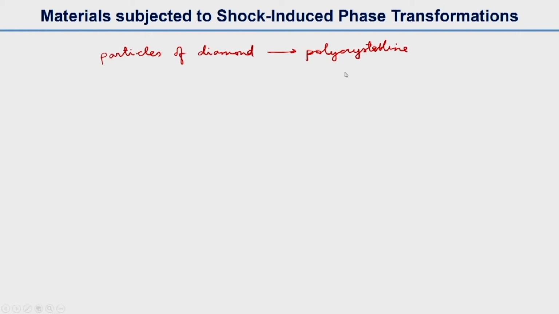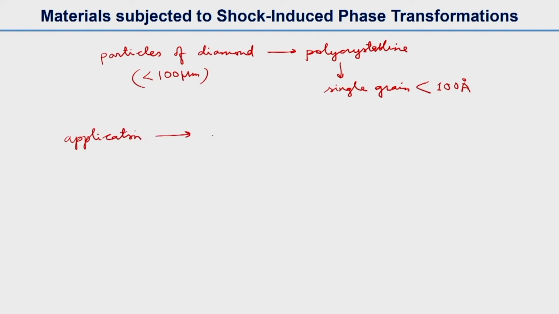The particle size is probably less than 100 micrometers, and a single grain, or crystal, is even less than 100 angstrom in diameter. As for applications of these small particles, these diamond particles are used as polishing agents.